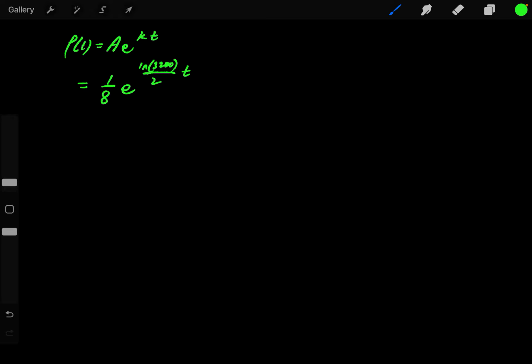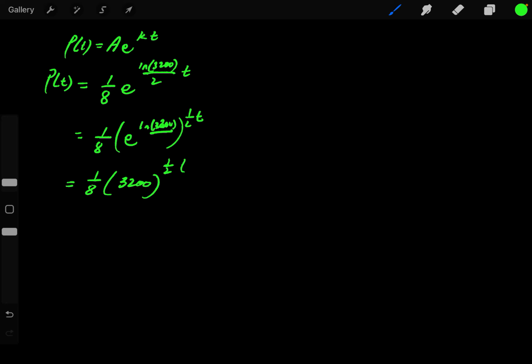And we want to look at this here, because there's a much nicer way of writing this function. It's 1/8, but then this is e to the ln of 3200, all to the 1/2 t, and then this just becomes 3200. So you get 1/8 times 3200 to the 1/2 t. And that's a much nicer function for p of t.